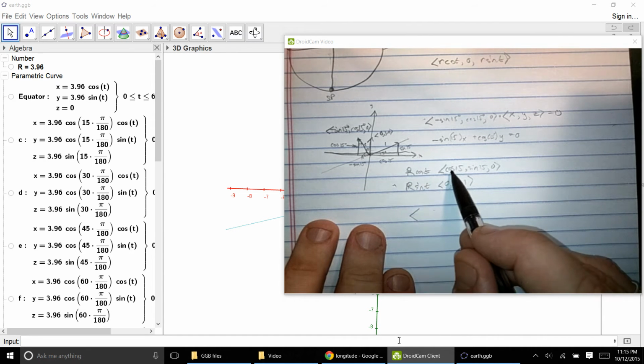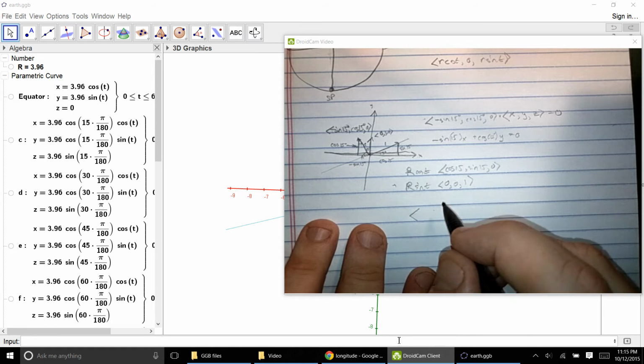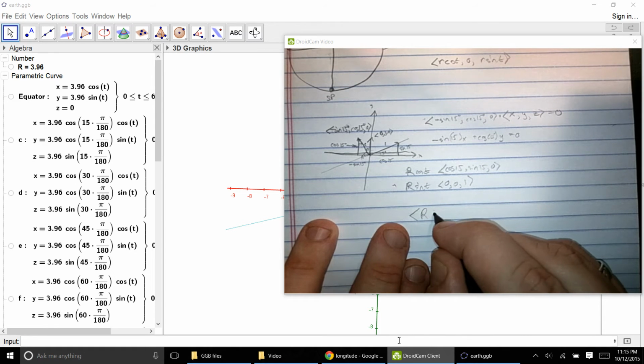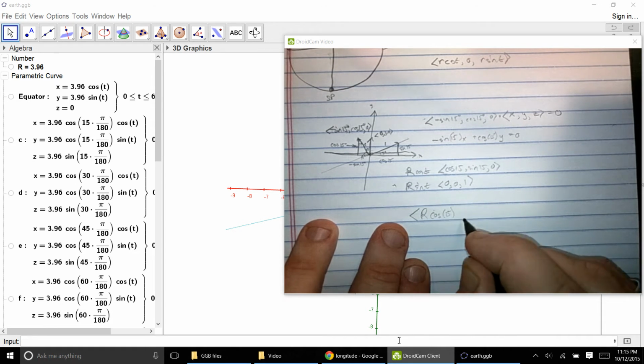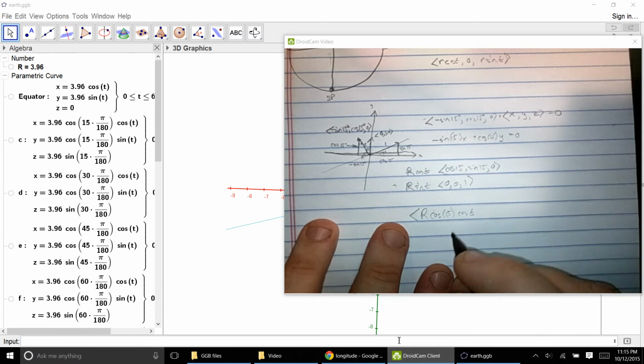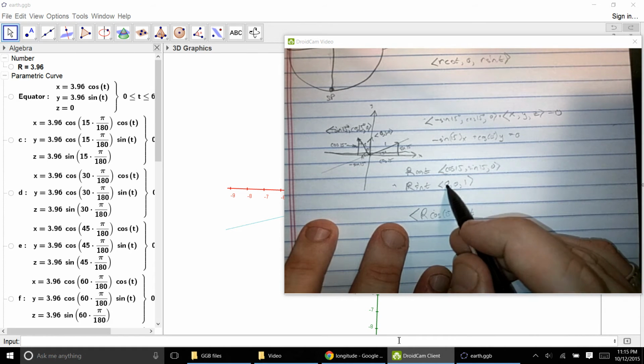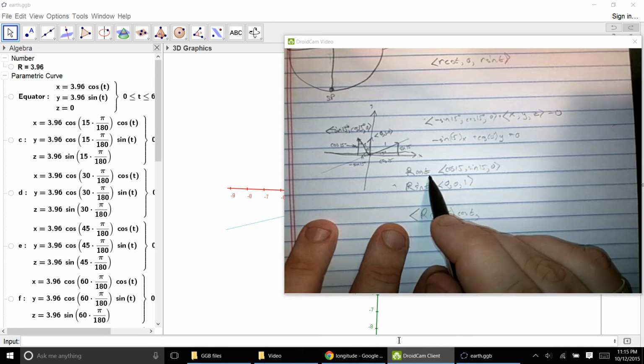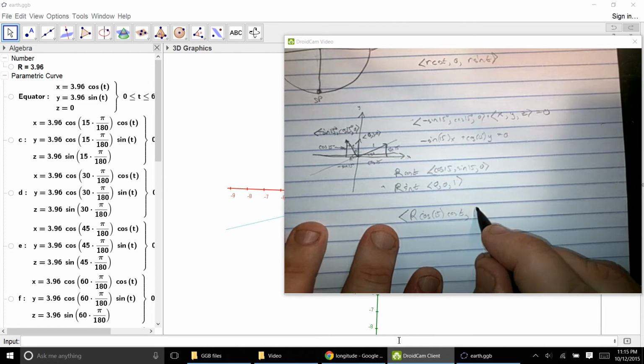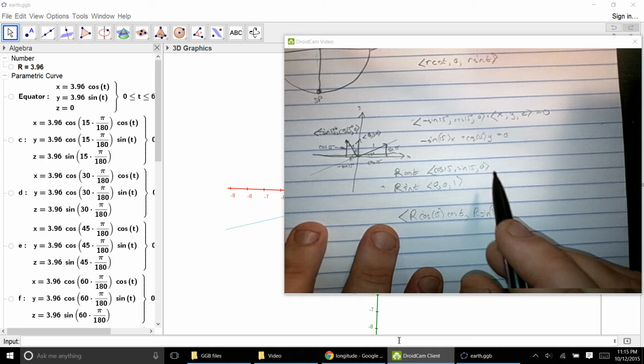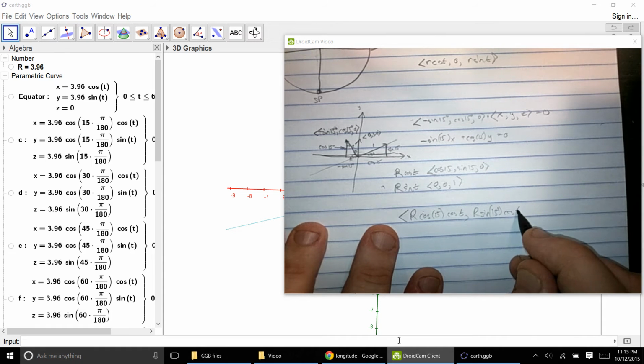R cosine t cosine 15, so that's the constant, and then the variable here, plus 0. Then R sine 15 times cosine of t, plus 0. And then now we have 0 plus R sine t.